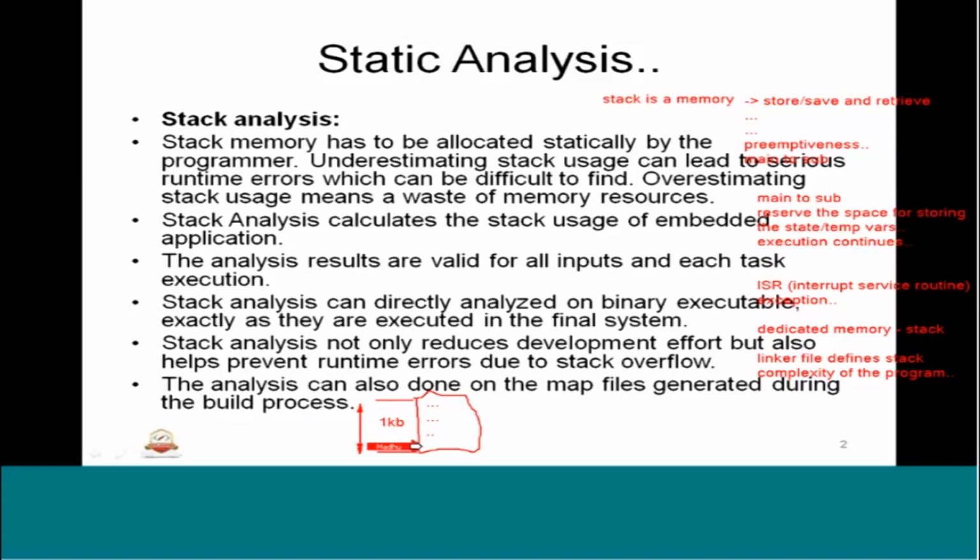So we have to make sure that while doing the linking, we allocate a sufficient stack such that at any point of time it will not overflow. That means the stack cannot go beyond the allocated memory. So that is what we have to ensure. How will this be done? There are different tools and techniques that are used, but this will be part of the static analysis.